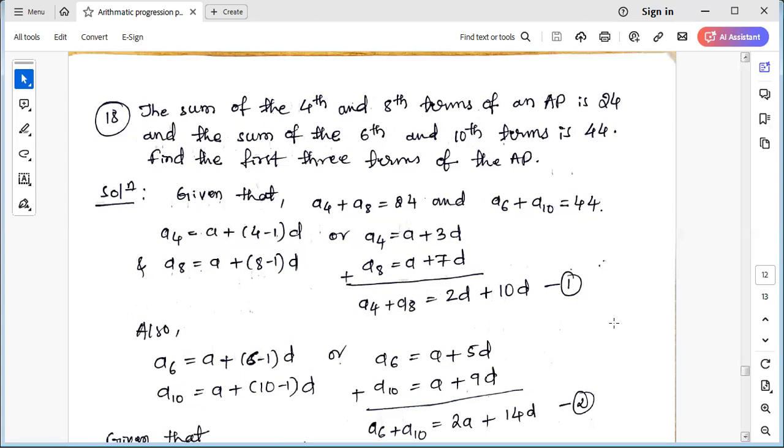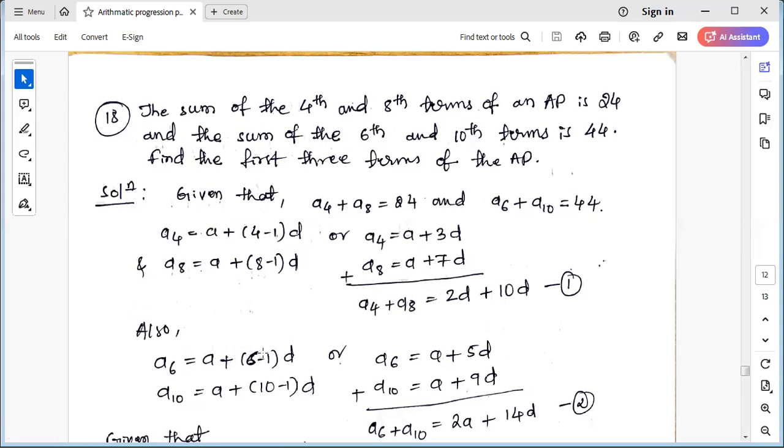Next, go to the other given terms. Next, you write an expression for a6. a6 is equal to a plus (6 minus 1) into d using the nth term formula. Similarly, you write an expression for a10, a10 is equal to a plus (10 minus 1) into d.